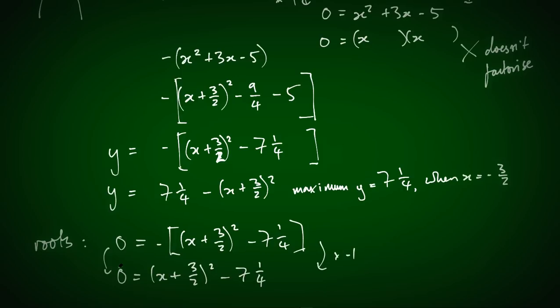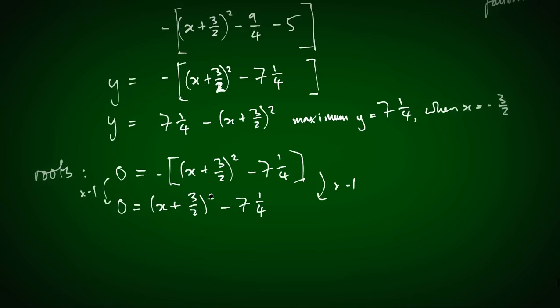I just got rid of that minus sign in front of the brackets there. So to solve that, 7 1/4 equals (x plus 3 over 2) squared.